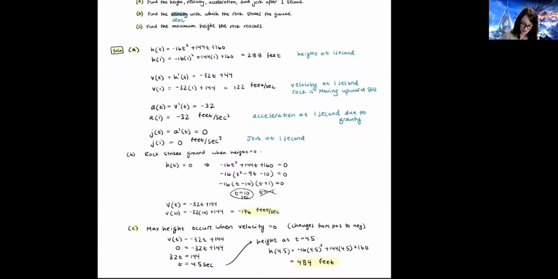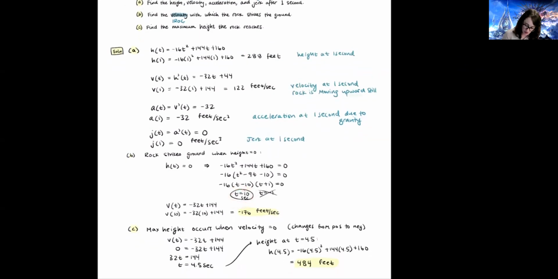We know that in 10 seconds it's going to hit the ground. So about halfway, maybe it's at its peak. And its peak is higher than the building and what it was at 1 second. Comparatively to all the things that we were looking at, this does make sense.